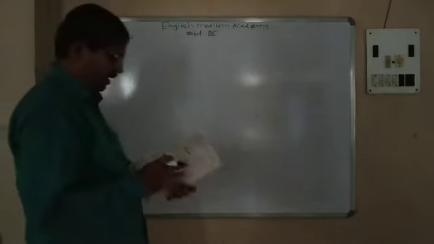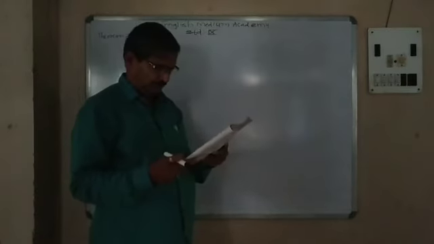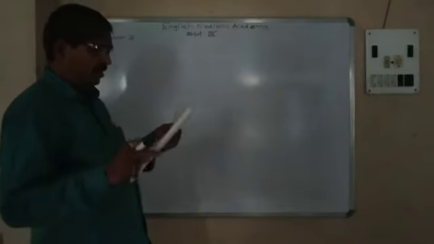Theorem number 3. Now next theorem is there here: any point equidistant from the end points of a segment lies on the perpendicular bisector of the segment.